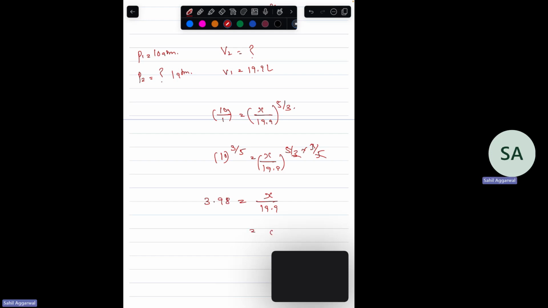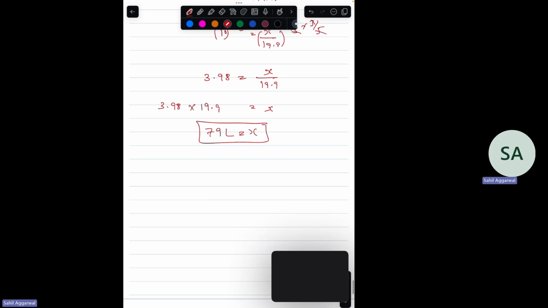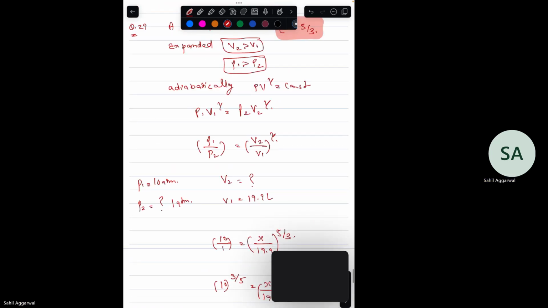So if we solve this, it would be 19.9 into 3.98. It's almost 79. It will come out to be 79 liters.